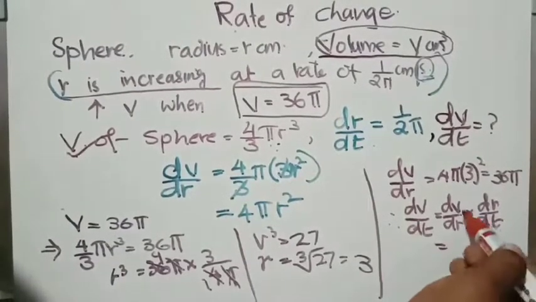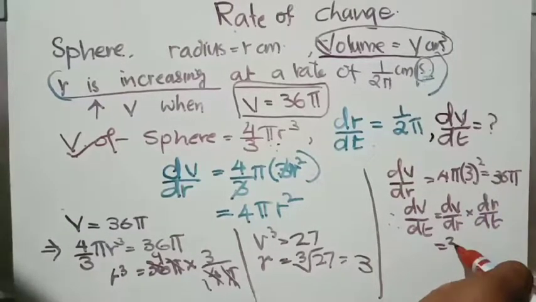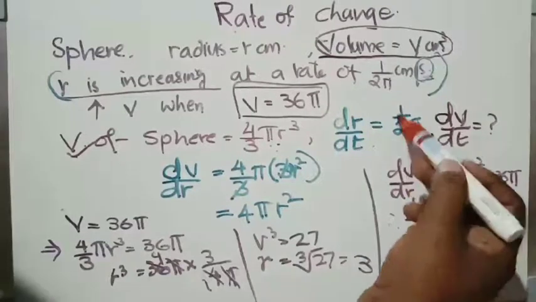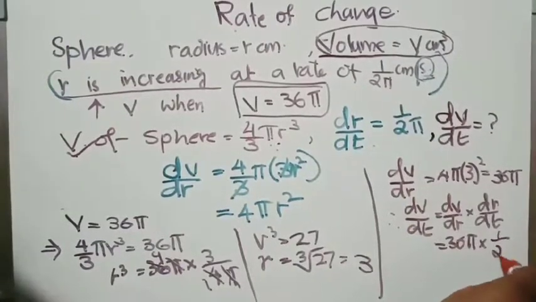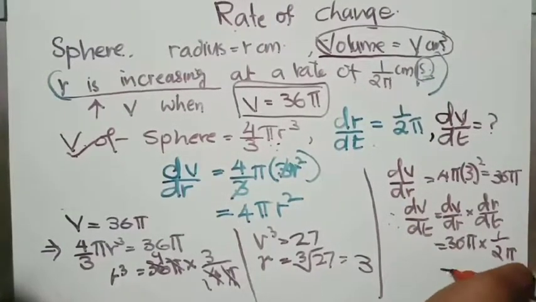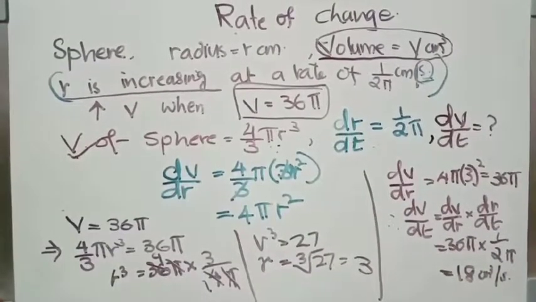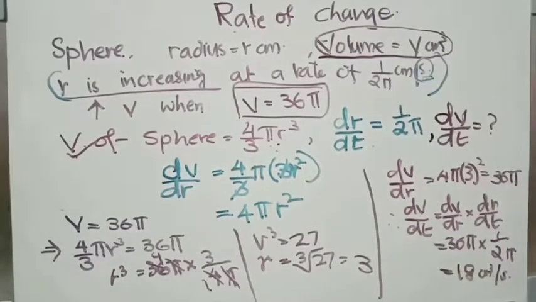That's equal to dV by dR is 36 pi multiplied by dR by dt is 1 by 2 pi. So when you do the calculation, we get the answer as 18 cubic centimeter per second. So rate of change of volume is 18 cubic centimeter per second as a result.